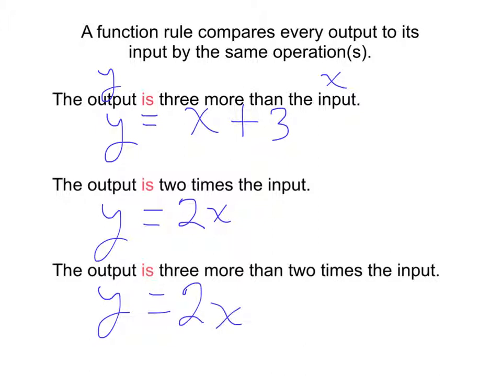So now we can say that it's going to be 3 more than 2 times the input. So if you look at the first and you look at the third, you can see that the structure is going to be the same. You're starting with some input, whether it's an x or a 2 times the x, and then you're getting 3 more than that.